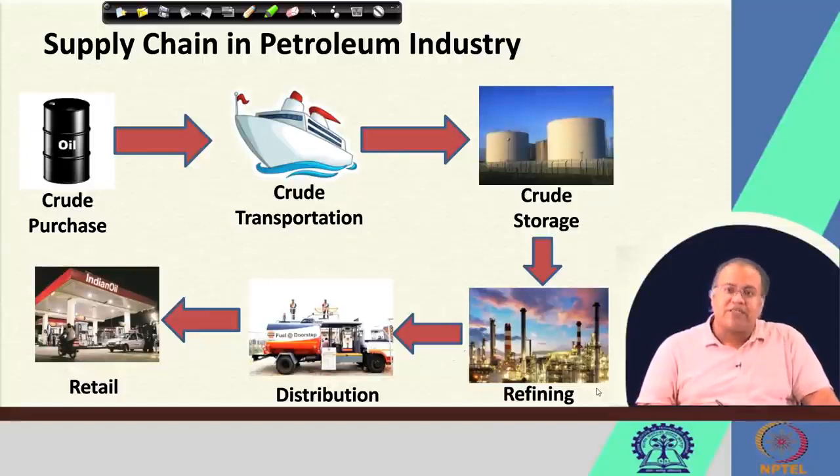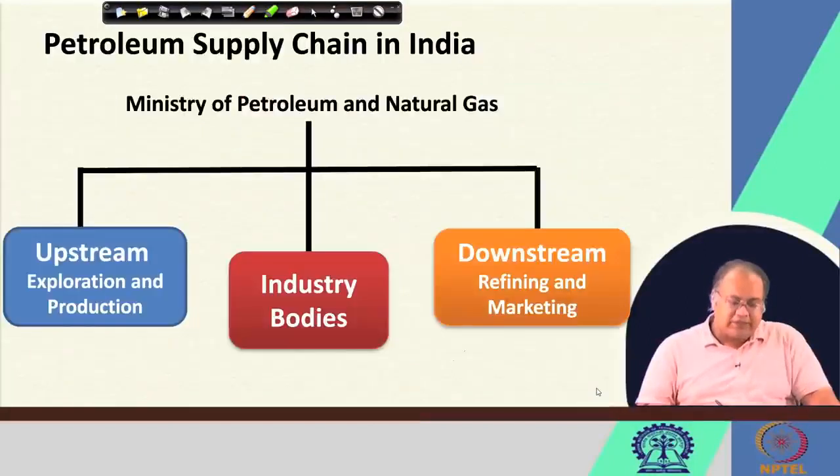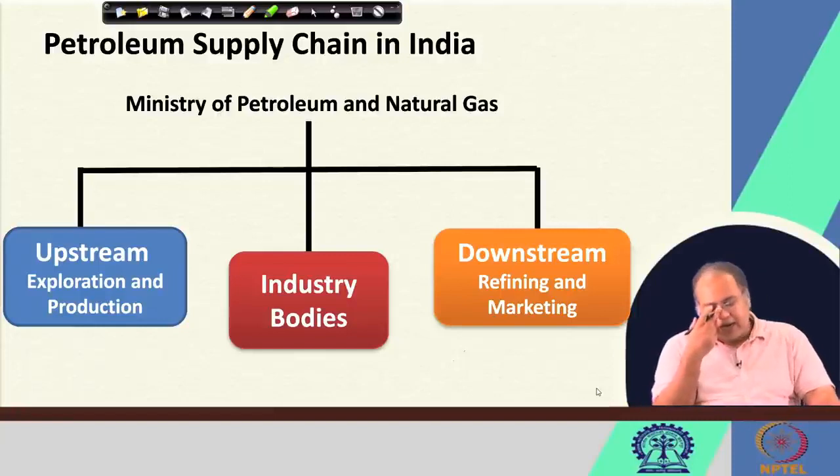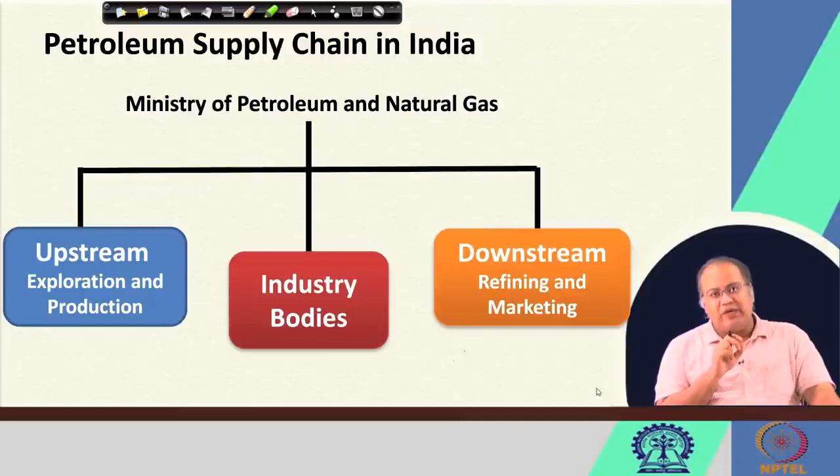Now let us look at who the players are in this entire end-to-end petroleum supply chain, using a use case for India. The entire thing comes under the Ministry of Petroleum and Natural Gas, and under that ministry there are certain players in the upstream direction.